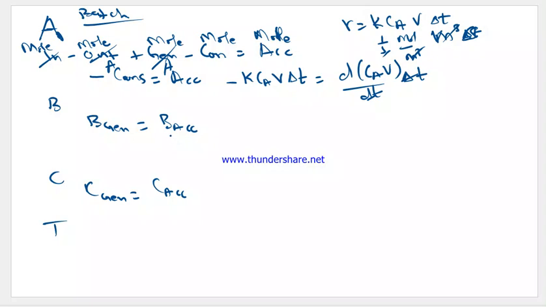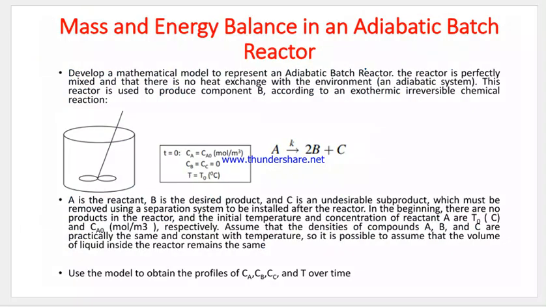Then when we go to B, a similar thing will happen. When you look at B, the rate of B is equal to 2 kCa, which is equal to 2 Ra. That is twice the reaction rate of A, because 1 mole of A reacts and 2 moles of B are formed.